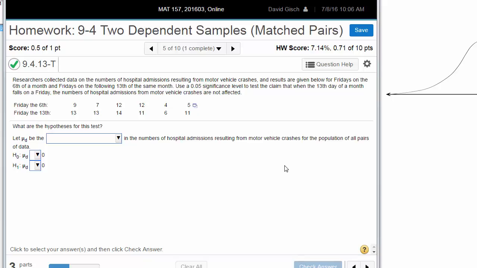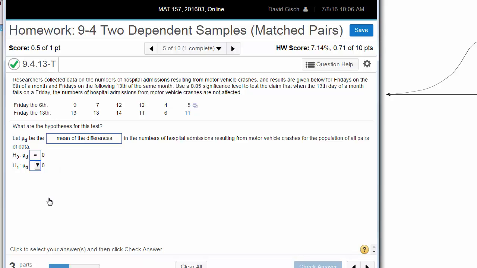Not affected. In other words, they should be equal. So by the way, mu sub d, we're looking at the difference between these two values. So yeah, the mean of the differences. Okay, and we think they're not affected.